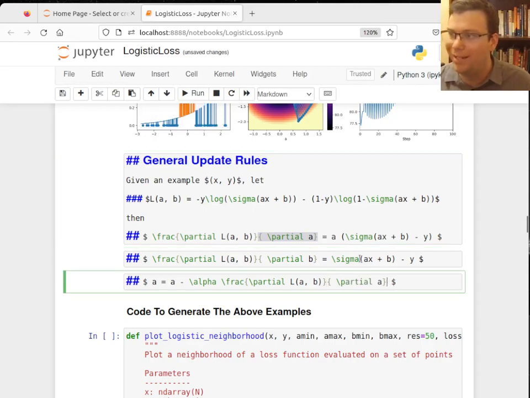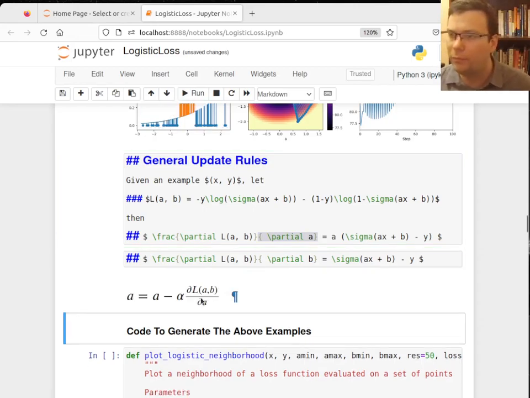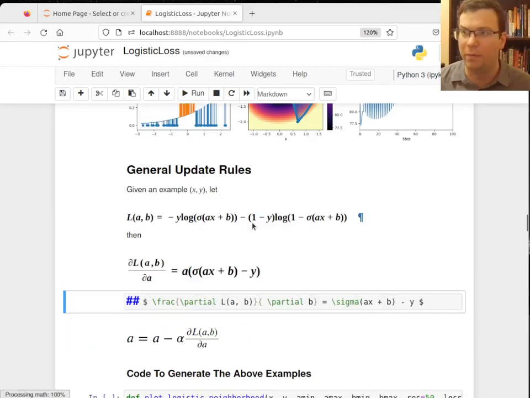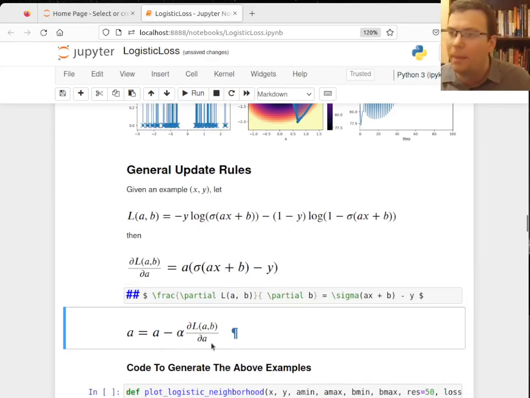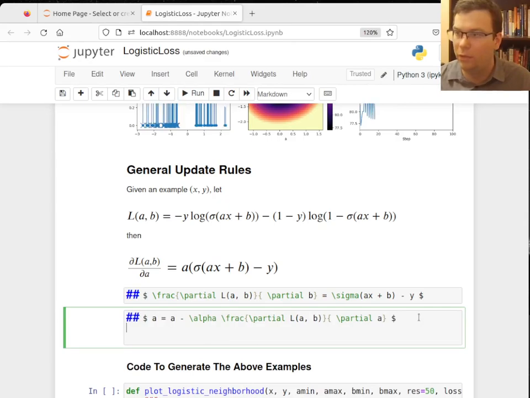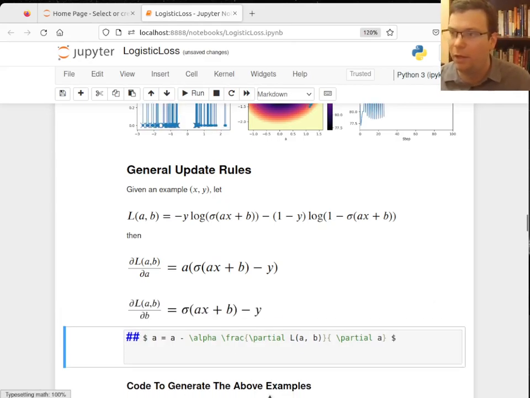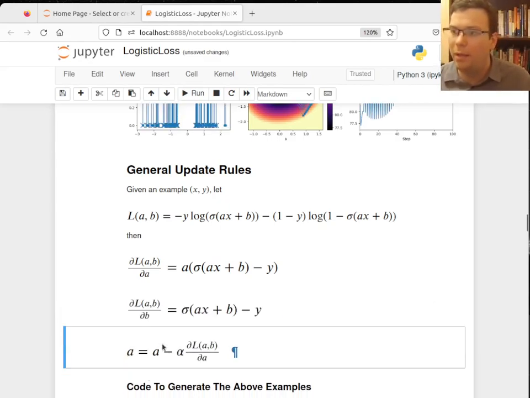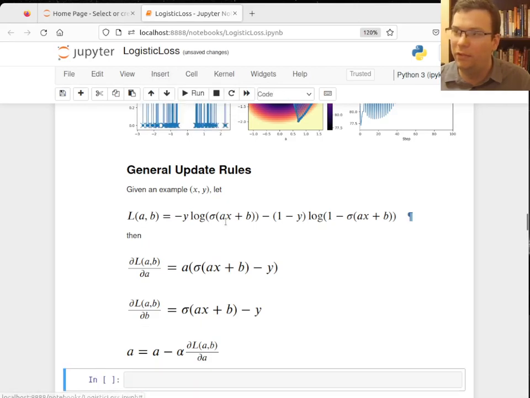I want to move against the gradient by a particular amount, and that's the learning rate. If I plug it in, the update rule is incredibly simple.